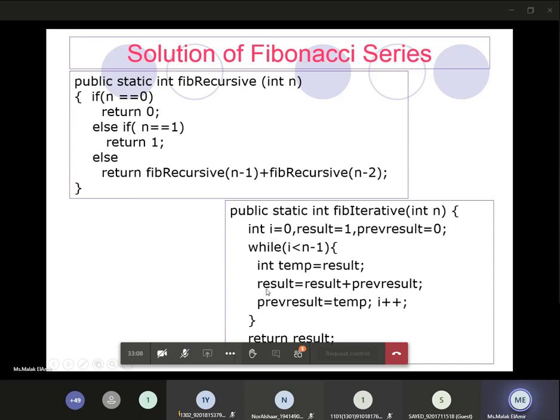The previous one becomes the temporary, and increment i by 1. Again, while i is less than n minus 1, take the temporary as an integer, the result becomes the last result plus the previous one, the previous one takes the temporary, and increment i by 1. And finally, return the result by the end. Is it clear?